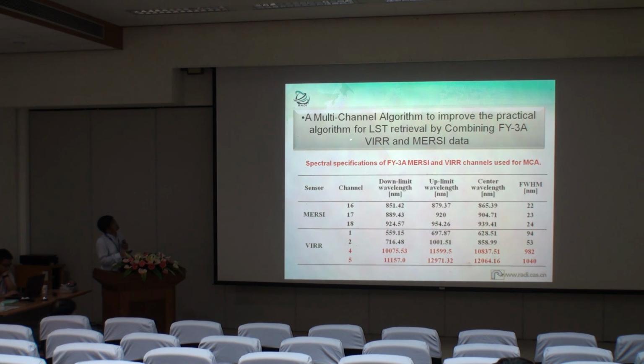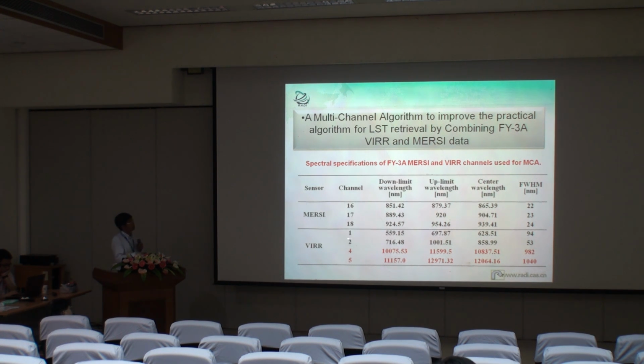However, for the VIIRS sensor, you can see we have different kinds of bands here. Because for land surface temperature retrieval we need the split window channels, we can use VIIRS bands 4 and 5 for the split window algorithms. And we need the land surface emissivity. How to get the land surface emissivity?